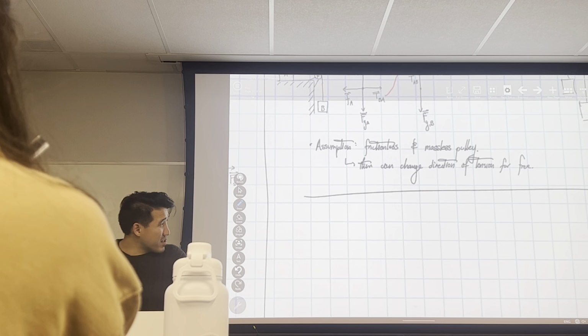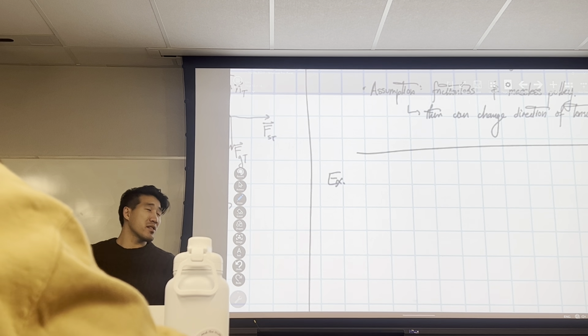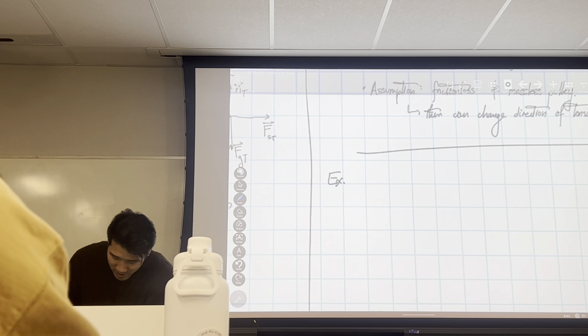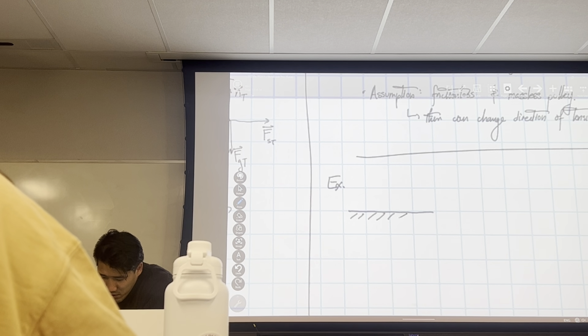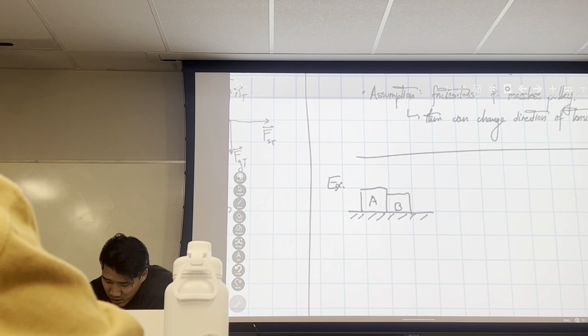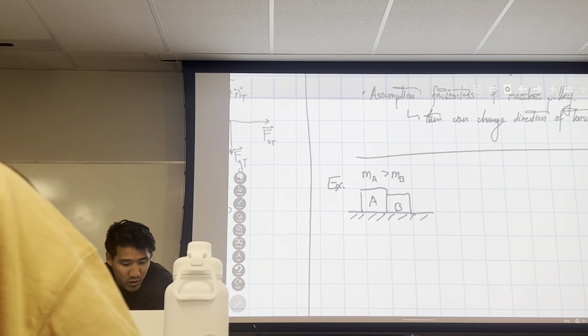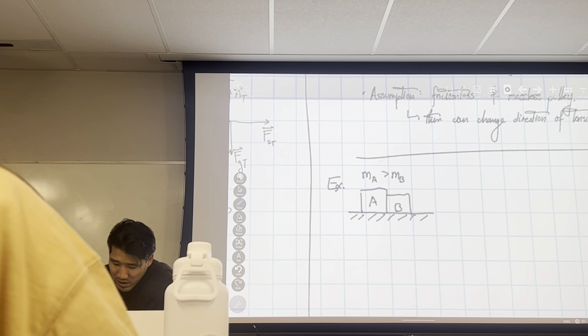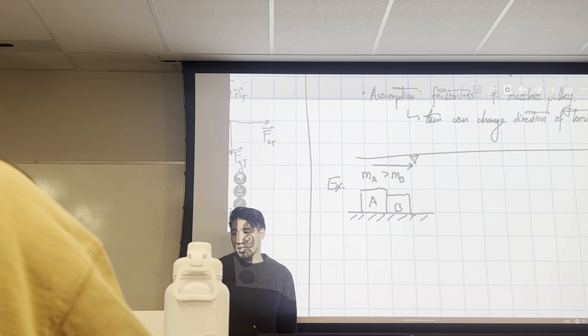Now let's do two examples going over some of the topics that we've discussed up to this point. So let's say we have this scenario, we have objects A and B, where mass A is greater than mass B, and let's say these boxes were both moving in that direction.